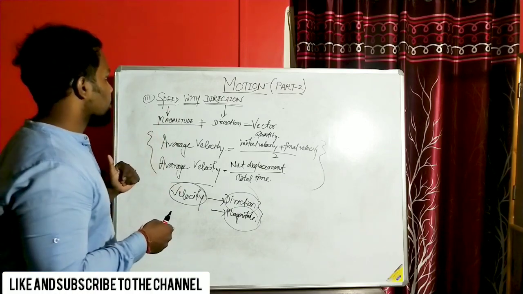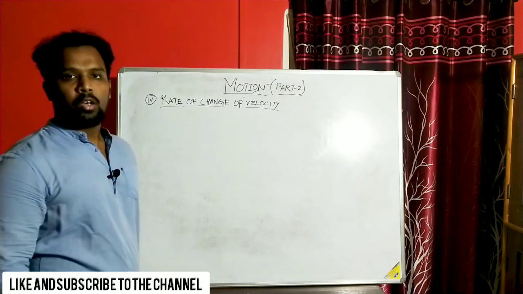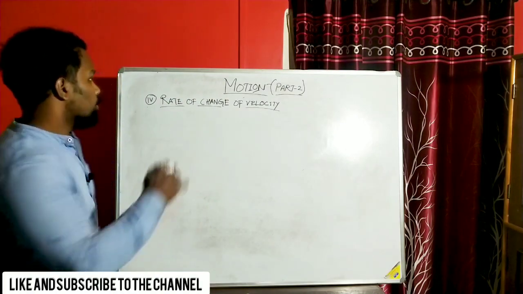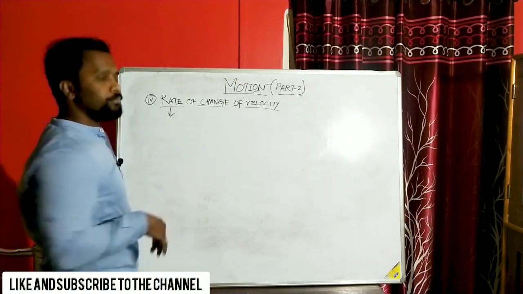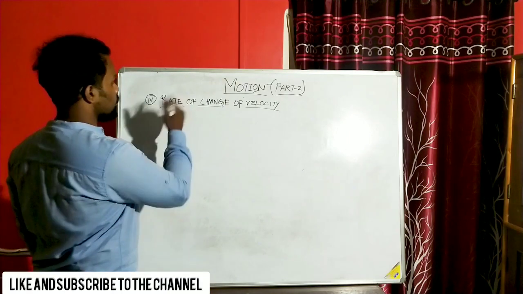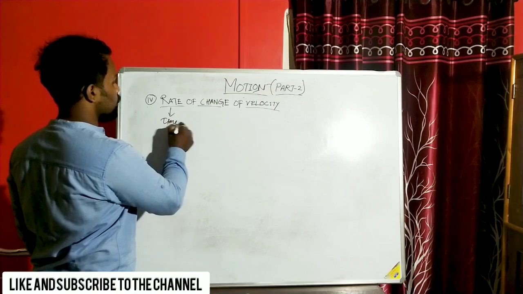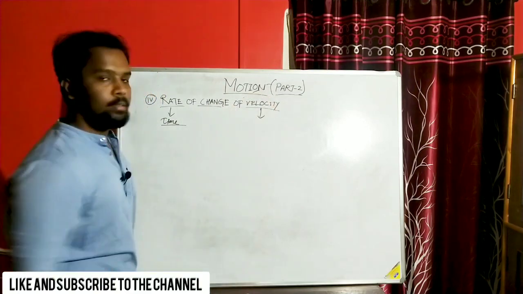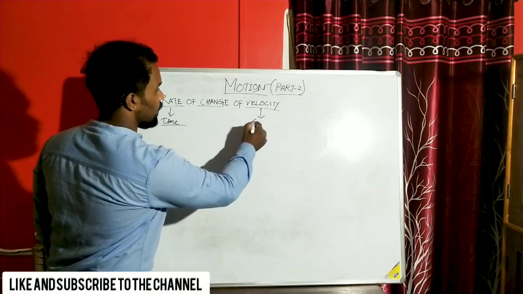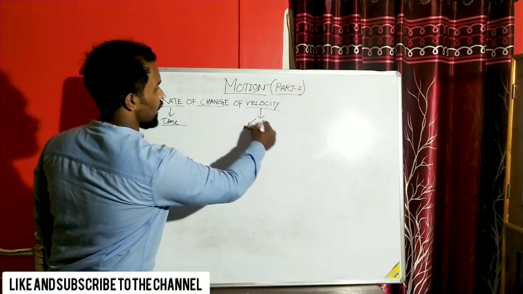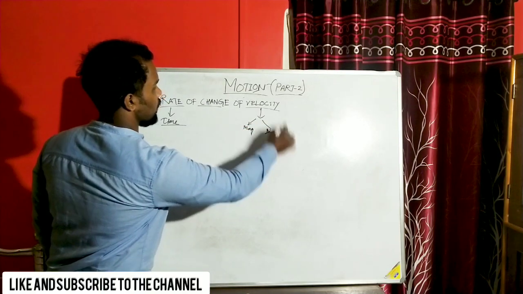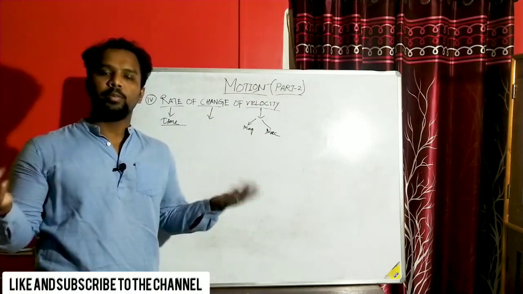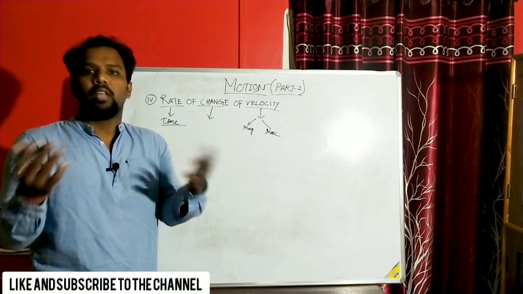Our next topic is rate of change of velocity. See, first we have to understand what rate is. Whenever something changes with time, that is known as rate. We have understood velocity: it has both magnitude and direction. And change is the nature of everything.